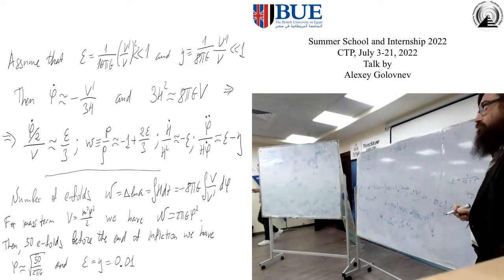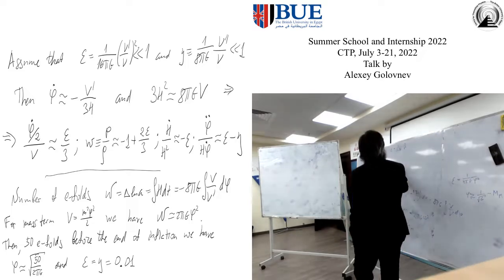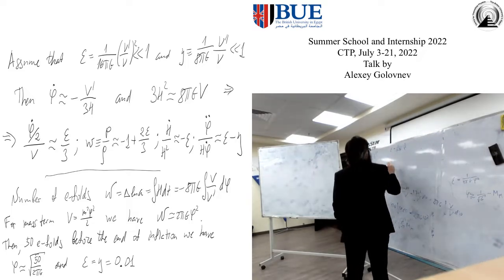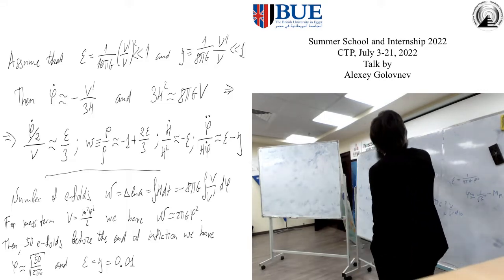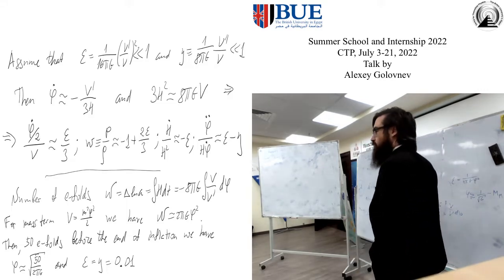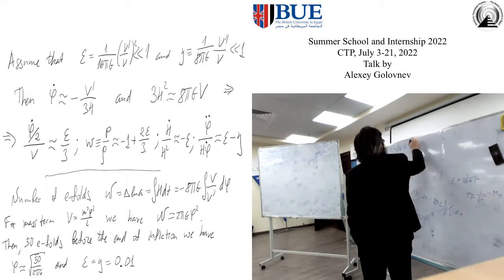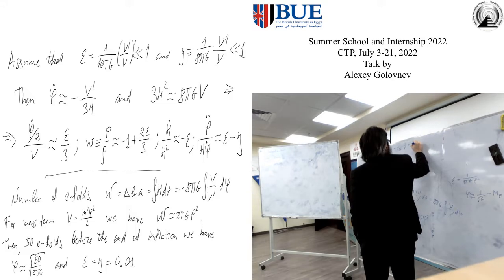Yeah. And eta is actually the same. V double prime over V is 2 over phi squared, so for this mass term inflation, epsilon and eta are just equal to each other. And both of them are 1 over 4 pi G phi squared.